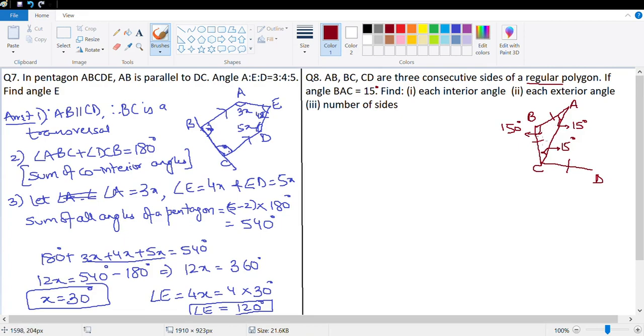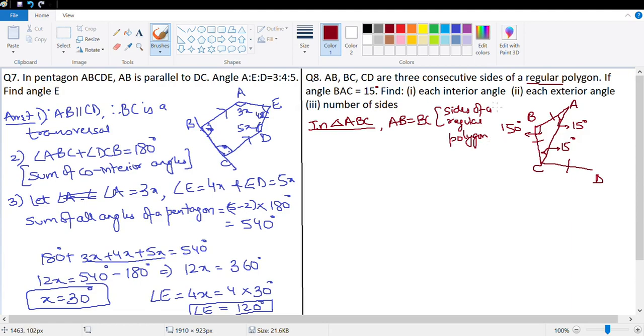So interior angle of the polygon is 150 degree. Perfect. So I think we've got the solution. Let's try and write this down. So in triangle ABC, AB is equal to BC, sides of a regular polygon.